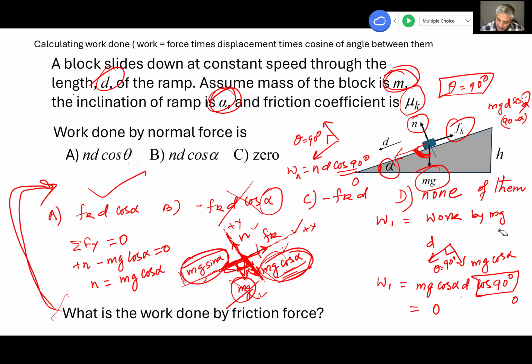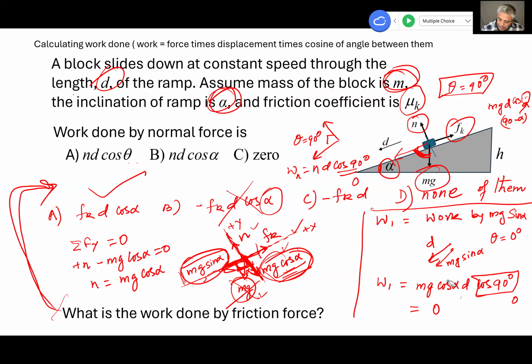If I want to find the work for sine alpha, I'm going to just use this portion here. What I have to modify is that this time this is pointing this way. So that is mg sine alpha, and the angle between them is now 0 degrees.